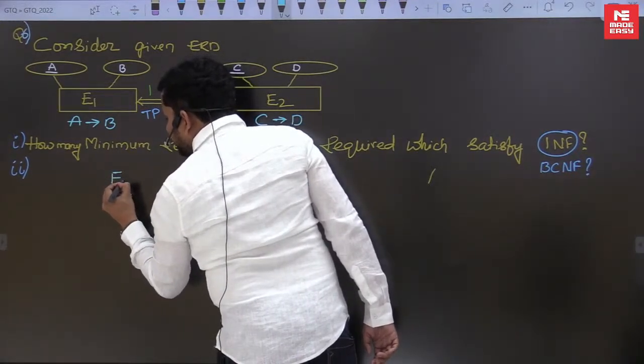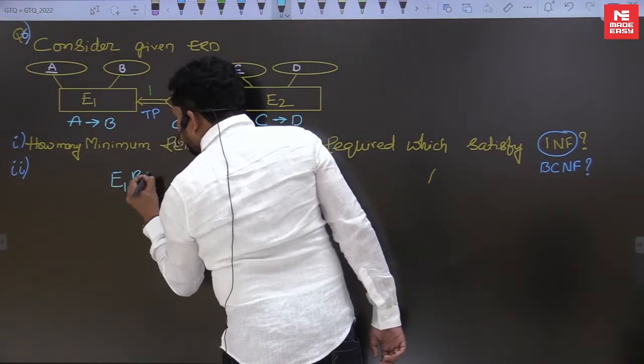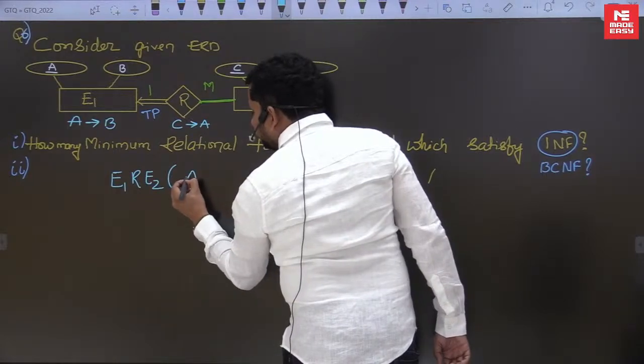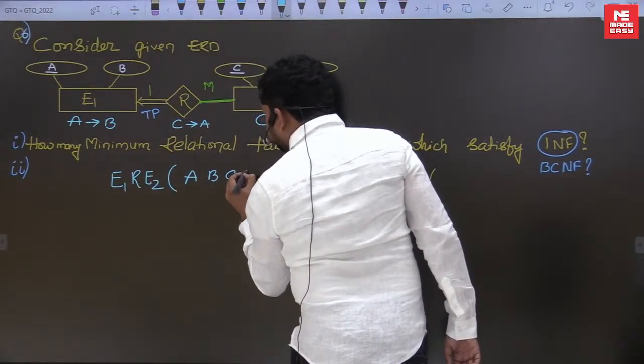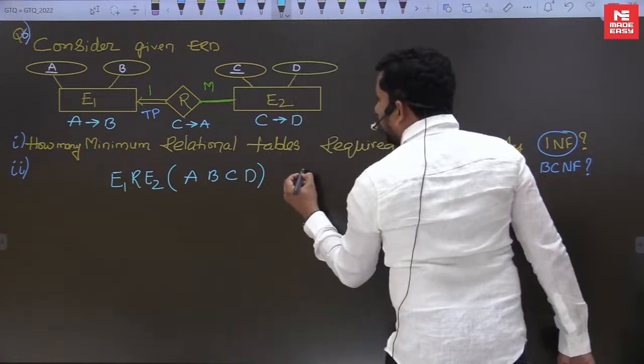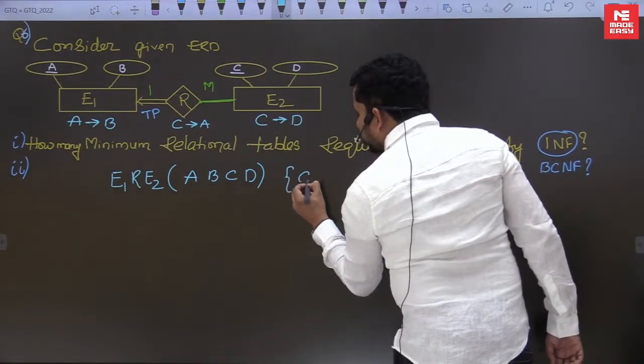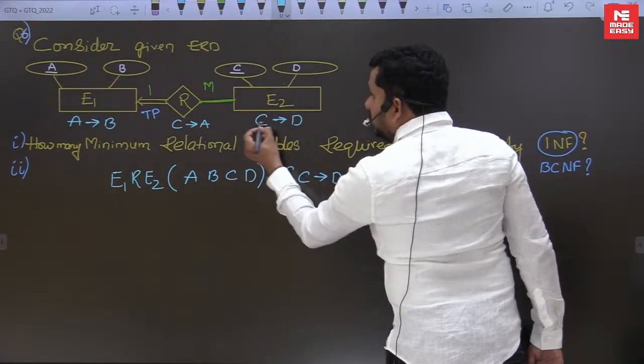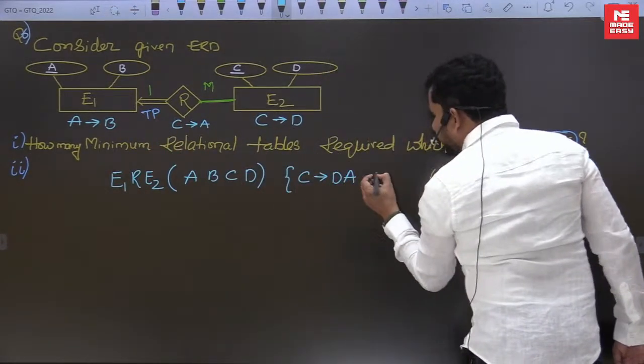So E1, relationship, E2 can combine into one single table with attributes A, B, C, D, and dependencies C determines D as well as C determines A, these two FDs, and A determines B.